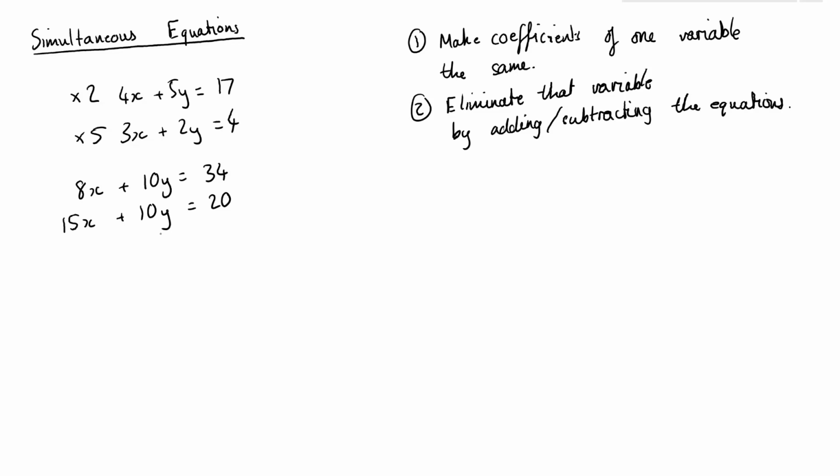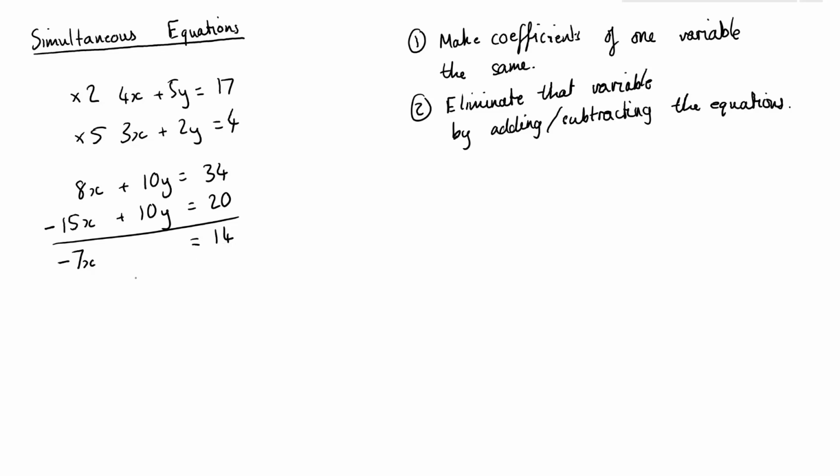To get rid of these, I'm going to have to minus them from each other, and so I have to minus everything. So 8x minus 15x is going to give me a minus 7x. 34 minus 20 is going to give me 14. Because the 10y minus the 10y gives me nothing, I get a new equation here where minus 7x is equal to 14.